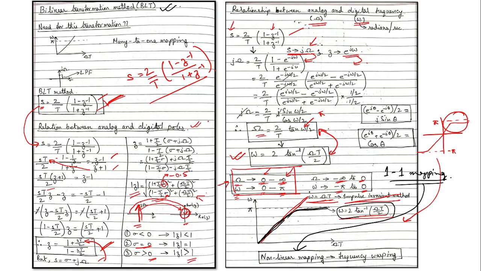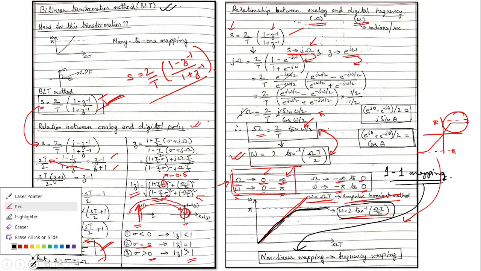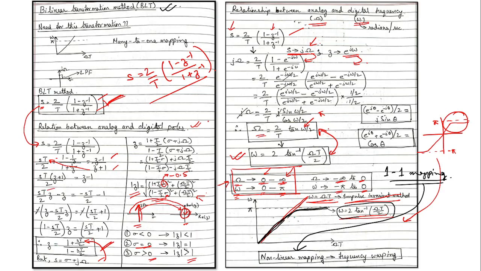So if you see, near the linear region, over here you are maintaining a linear relationship between the frequency components.